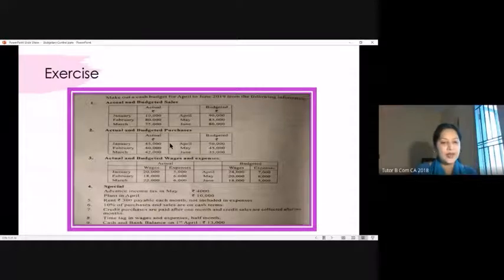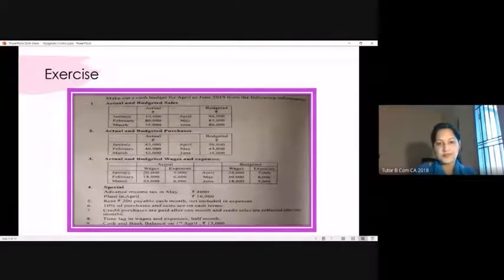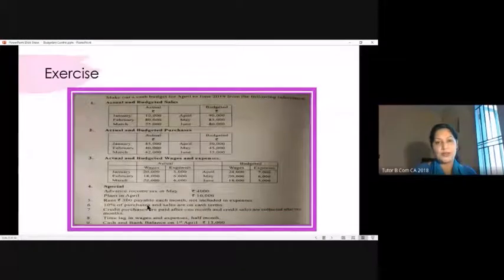Now coming to the time lag for wages and expenses, half a month, what we have to understand here is that half of our wages will be paid in the same month, because in a month there would be two halves, the first half and the second half. So one part of wages and other expenses will be paid in the same month, and the other half is going to be paid in the next month, which we need to be very careful about.